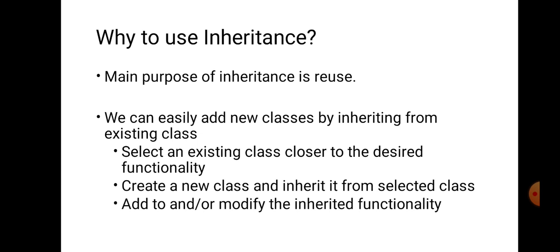Thus we can easily add a new class by inheriting from an existing class. What we have to do is select an existing class closest to the desired functionality, create a new class and inherit it from the selected class, and whatever new functionalities there are, add or modify them in the new class. So this is what we have to do in inheritance.